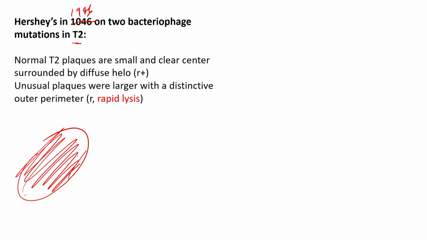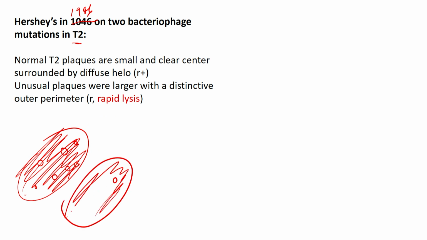If you have a plate and grow the bacteria as a lawn, you would see small clear patches where the virus has eaten the bacteria. I won't be able to draw it very well here, but everywhere the bacteria is growing, and in the middle these viruses have eaten the bacteria.